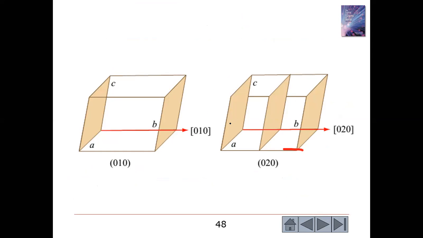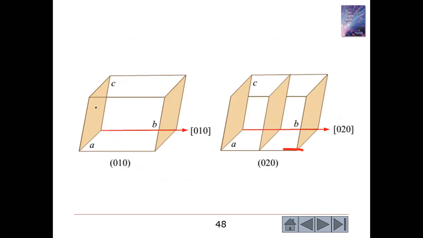So what are we seeing here? We are also talking about equivalent planes that are the same. Because it's a unit cell, and the property of a unit cell is that all the unit cells should be the same, and all sides of it should also be the same. If you take one face, which is actually a plane, another face will also be similar.